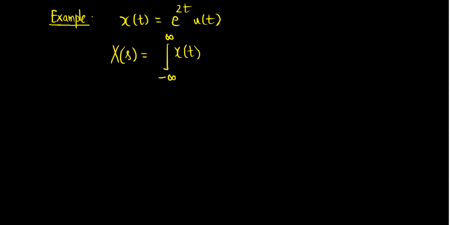So this x of t is e power 2t u of t. So this capital X of s is going to be the integration from minus infinity to infinity of x of t e power minus st dt. So that is going to be the integration from 0 to infinity of e power 2t times e power minus st, u of t is already covered here, dt.